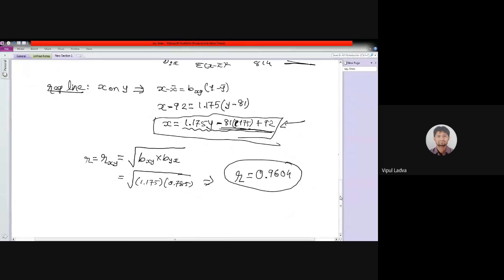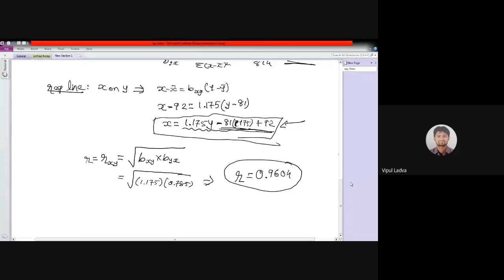If you have any query or doubt related to this particular process, feel free to ask. Feel free to discuss right now.